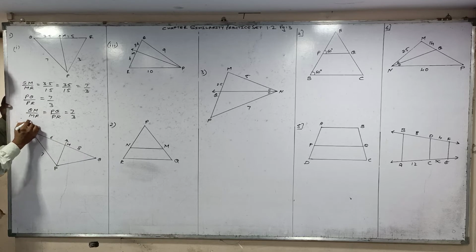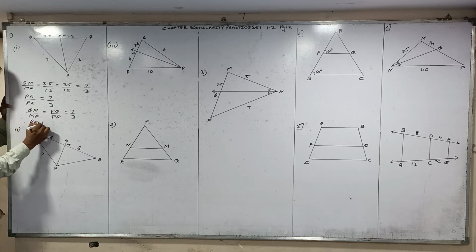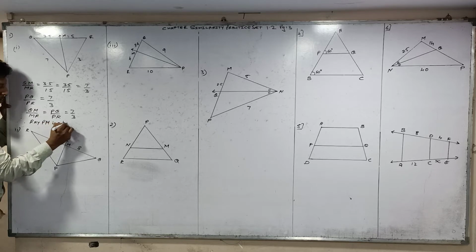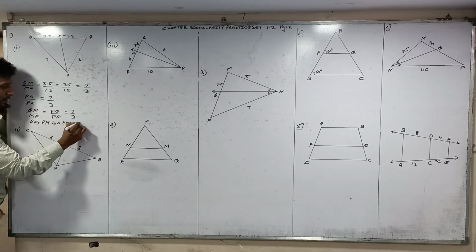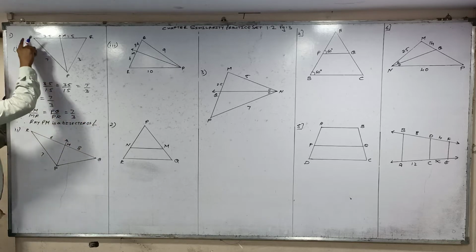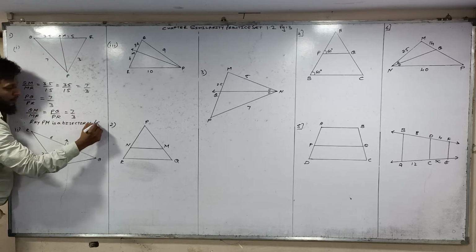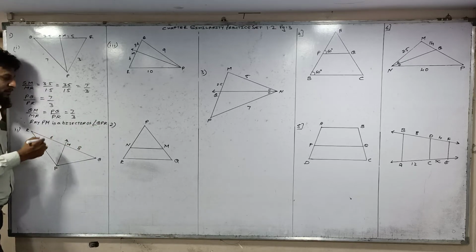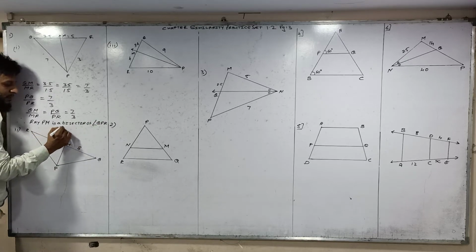Therefore, ray PM is a bisector of angle QPR, by the angle bisector theorem. By which theorem? By the angle bisector theorem.